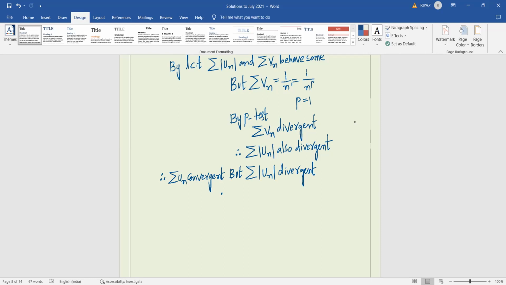Therefore the given series is conditionally convergent. That's it. This is the end of this problem.